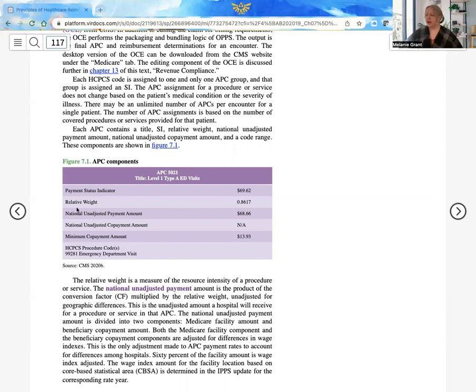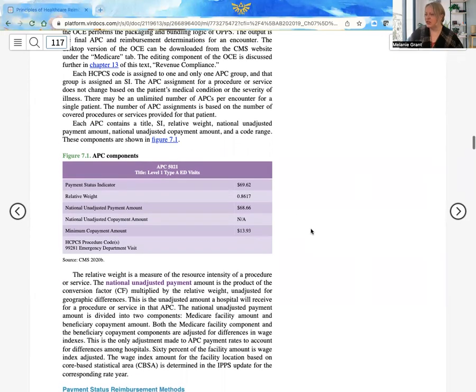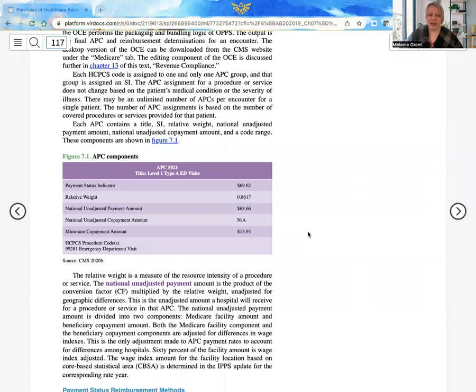Now, when we talk about relative value, our first term here, or relative weight value, this is the measure of resource consumption. What they're talking about when they say resource consumption is that in your area, the resources that are needed in order to provide this service are given a number where it's weighted.